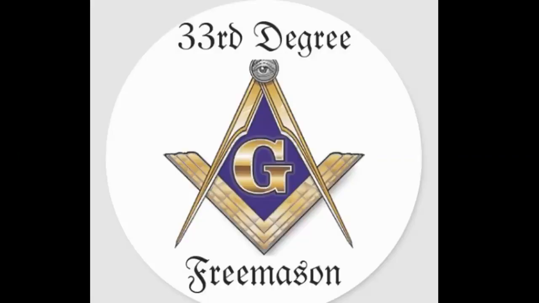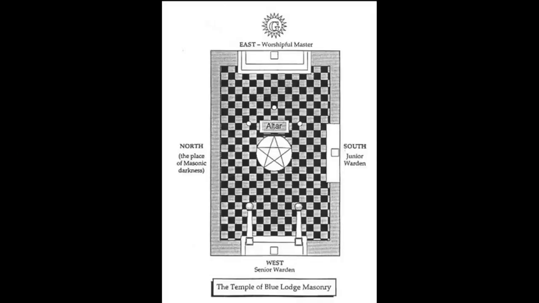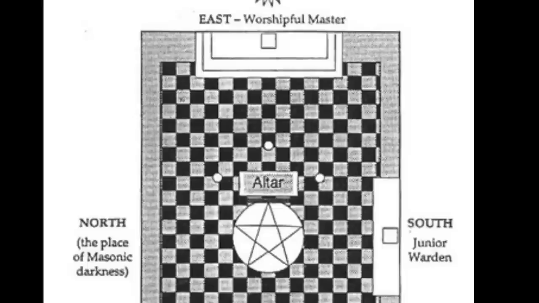33rd degree Freemasonry. During the course of initiation, the Mason is taught that the North is Masonically a place of darkness. The Freemasons worship East, West, and South, and forsake the North.